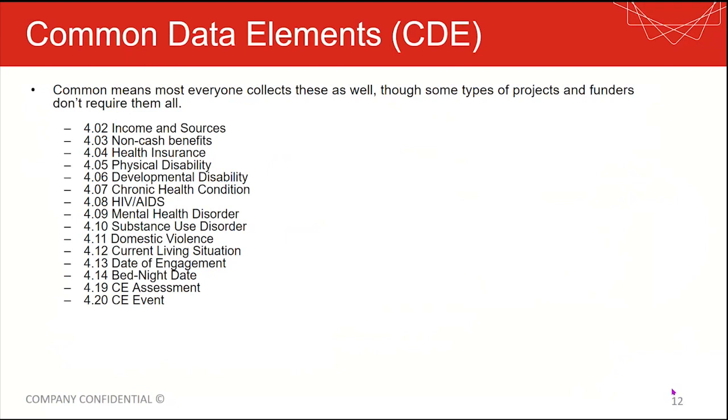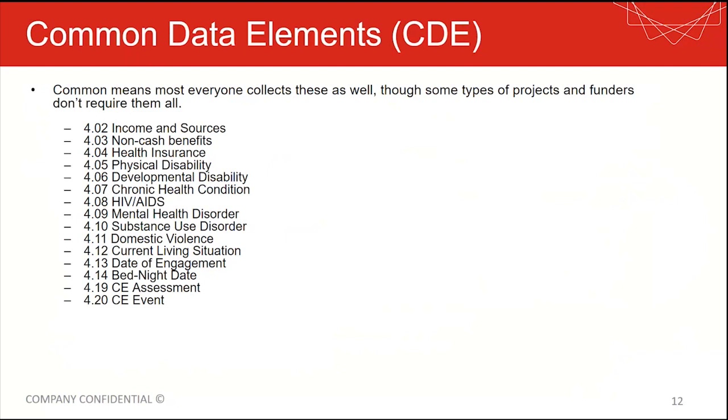Bed night date is another element, as well as coordinated entry assessment, which is designed to be a flexible data element that collects an assessment date, location, and assessment results. It allows COCs to define their own assessment questions and responses, and categorize different types of assessments, such as crisis needs versus housing needs.